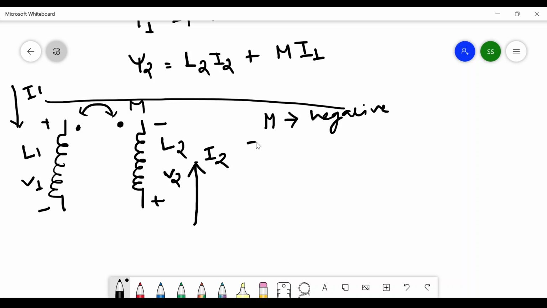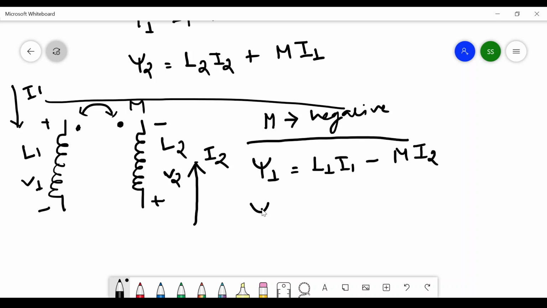So here the flux linkage phi 1 will be L1 I1 minus M I2. Similarly, for the second coil phi 2 will be L2 I2 minus M I1. So this is one of the important concepts with respect to mutual inductance, and that has to be remembered.